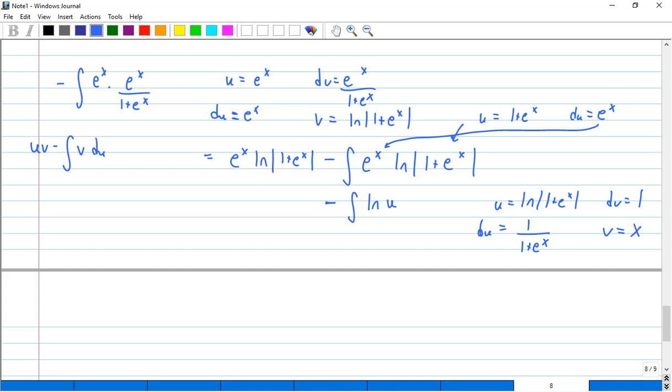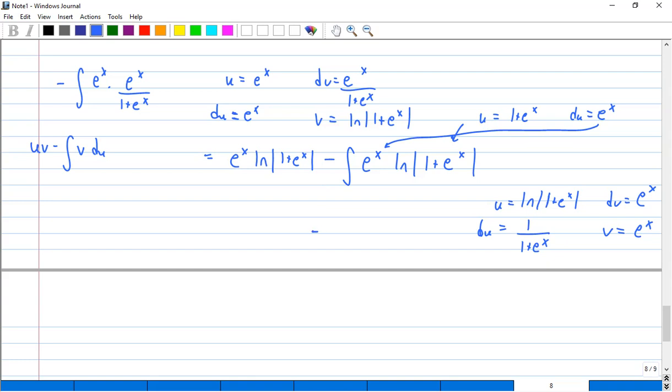I might want to do by parts, though, like you were saying. Because I'm looking at this, and if I let this first term here be my dv, then that would be e to the x, and that would be e to the x.